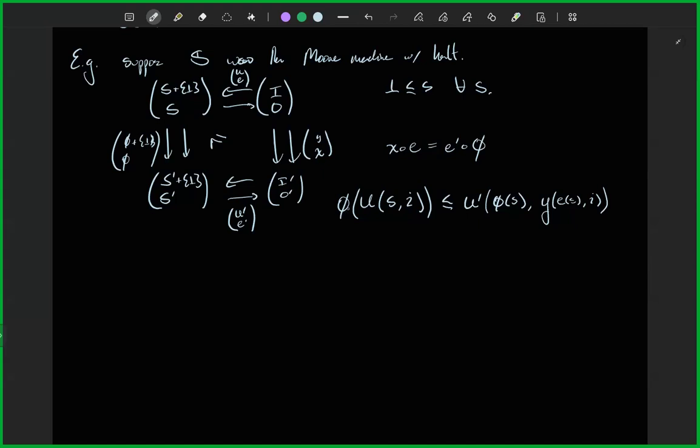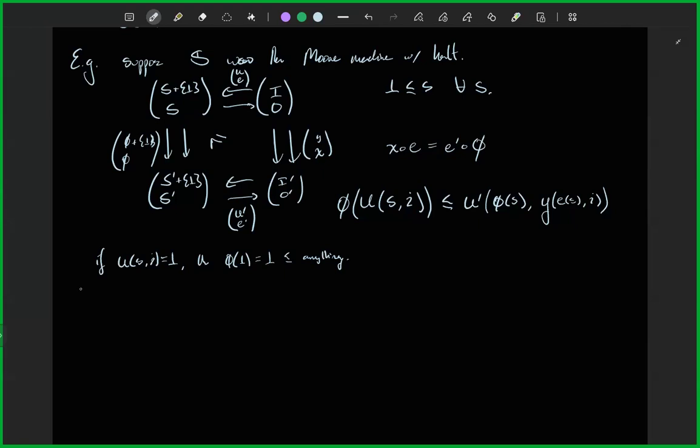So if U halts, if S and I transitions to bot, so if U S I equals bot, then phi of bot equals bot, which is less than or equal to anything. So we don't actually make any constraints on the things that are about to halt. And that's an important point here.